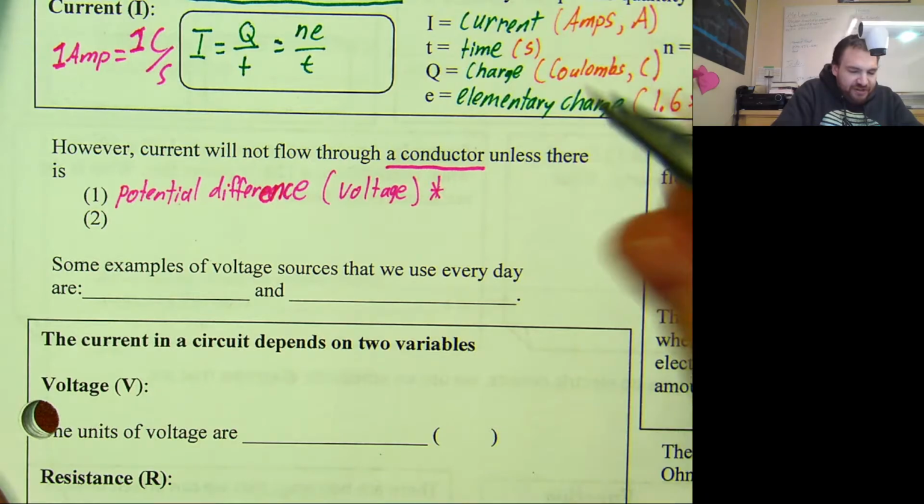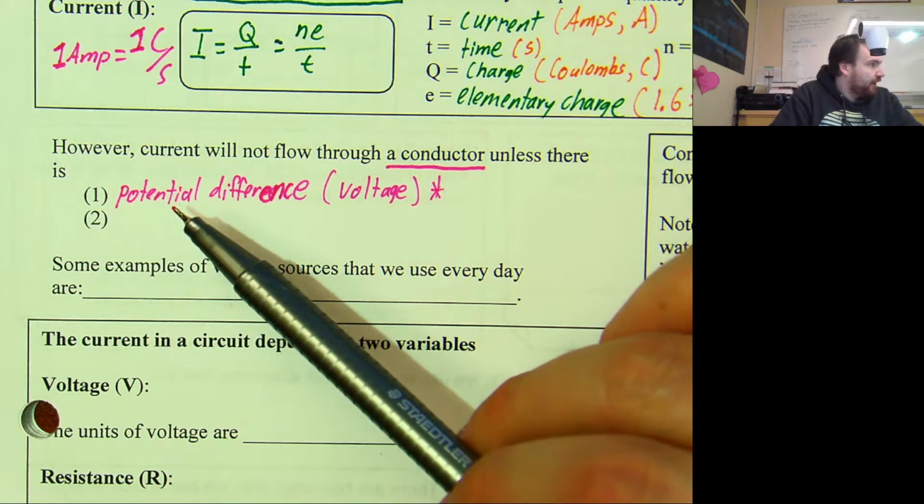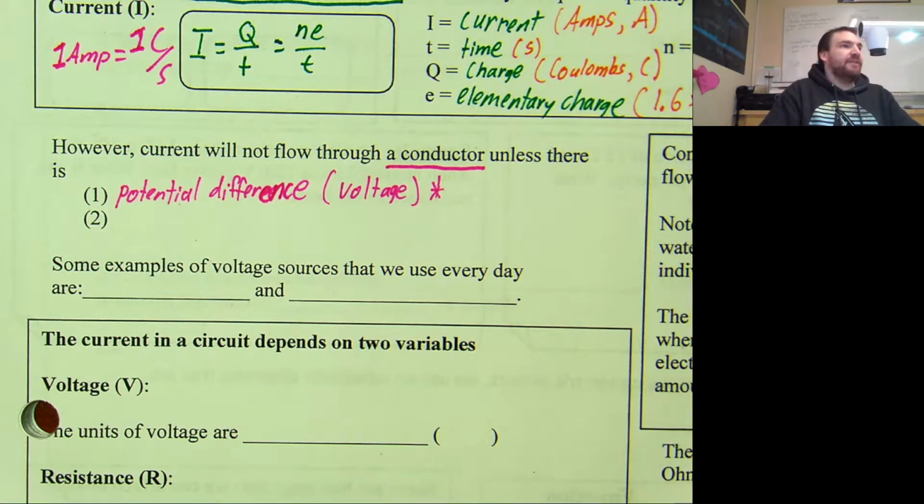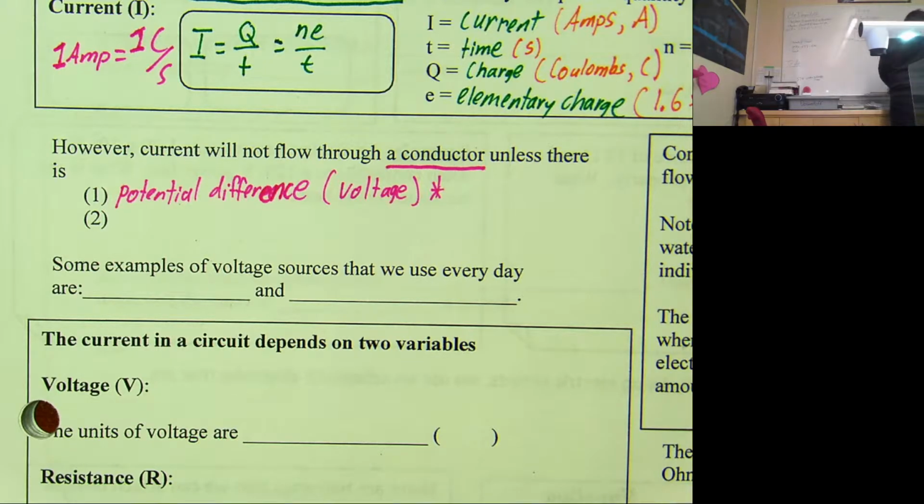And it's this potential difference. You can think about potential that we had before. If I had a pendulum just hanging there, is it going to swing on its own? No. What do you have to do to it? You have to raise it. What are you doing? Oh, I erased my drawing. What are you doing when you raise a pendulum? You are creating a difference in potential energy.